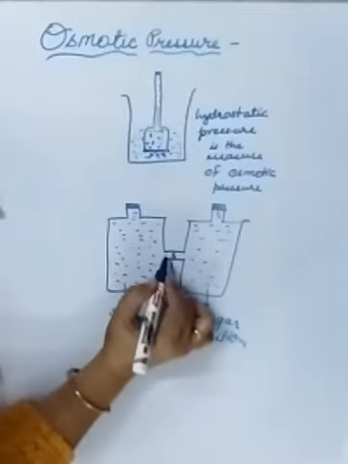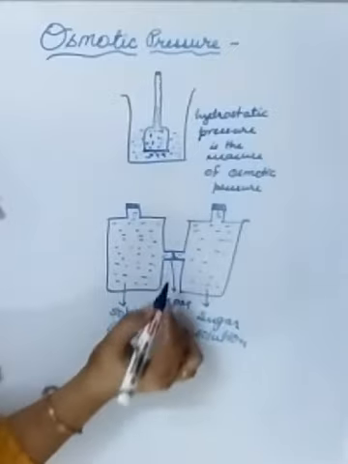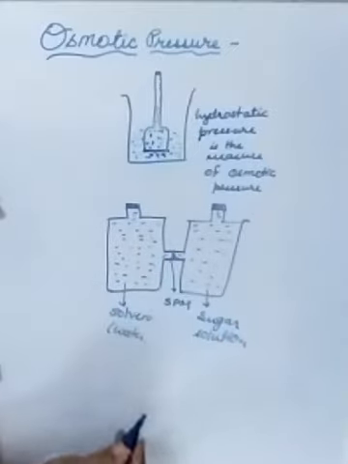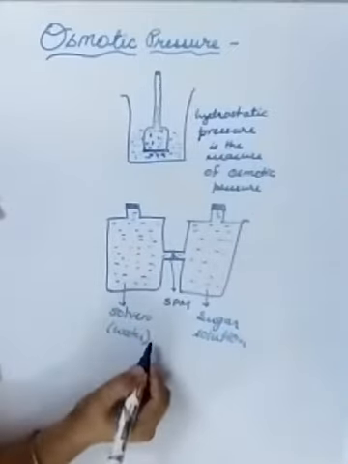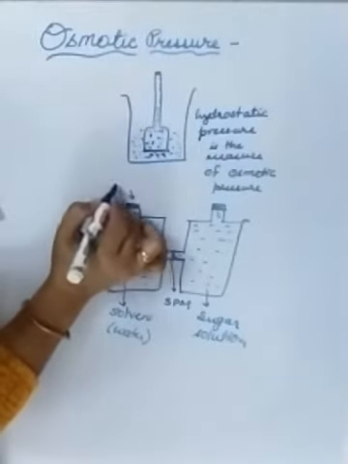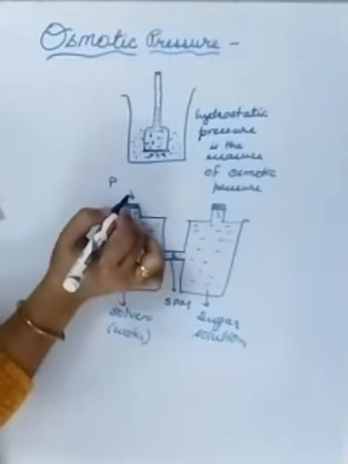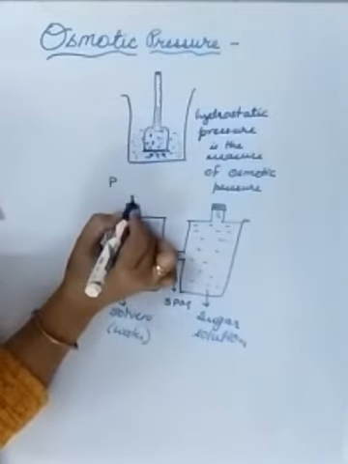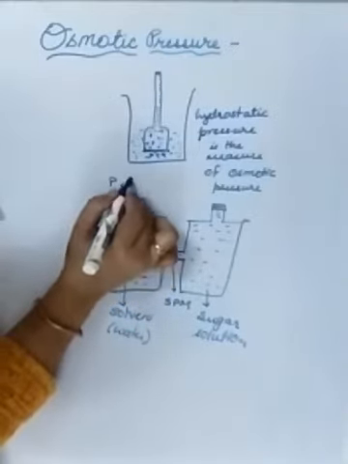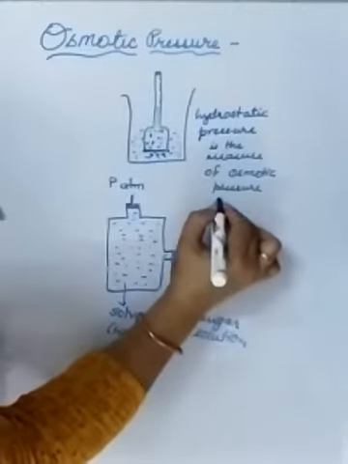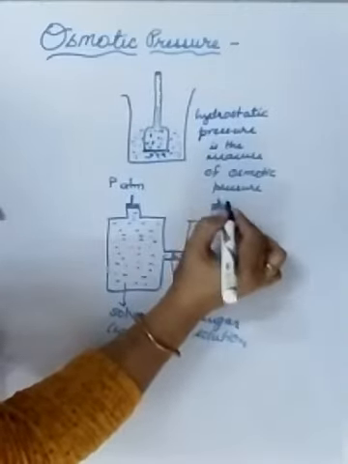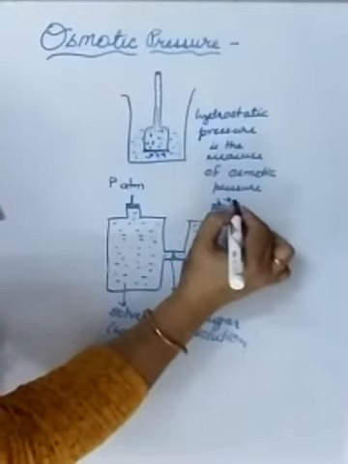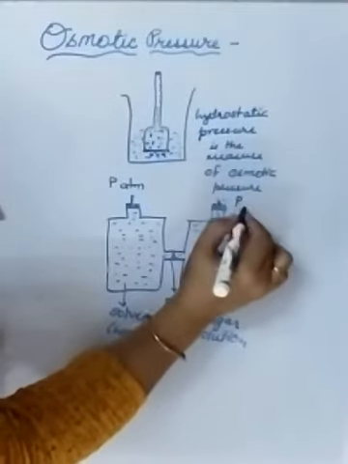Now both the vessels are connected through a tube in which a semi-permeable membrane is fixed. Here a piston is kept, applying the pressure P atmosphere. Here also one piston is kept which is applying the pressure P atmosphere.